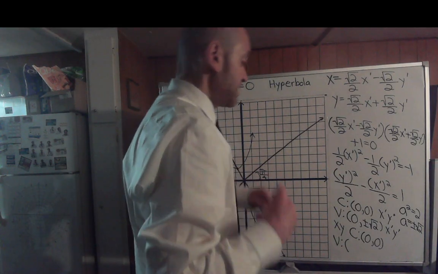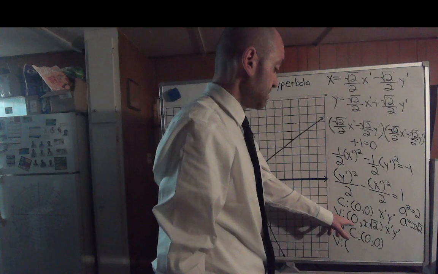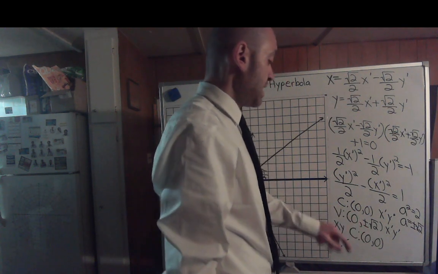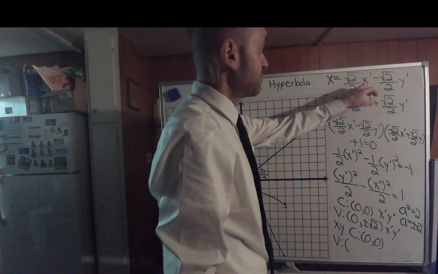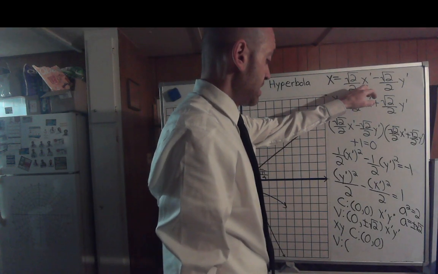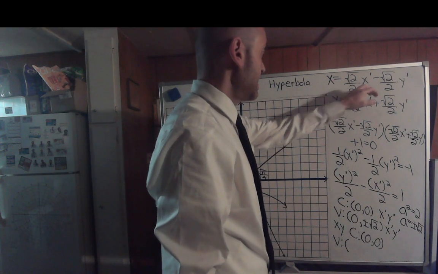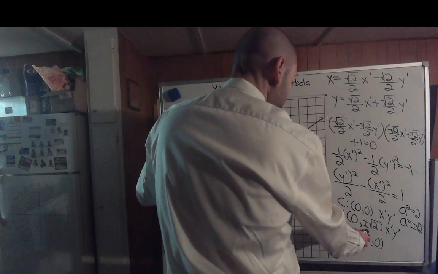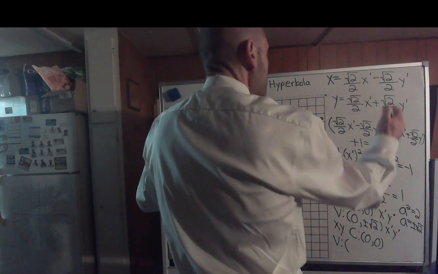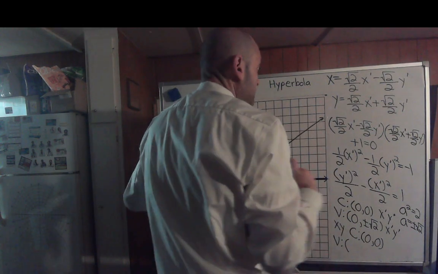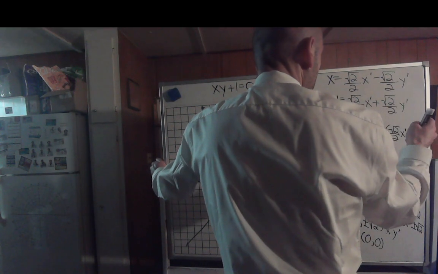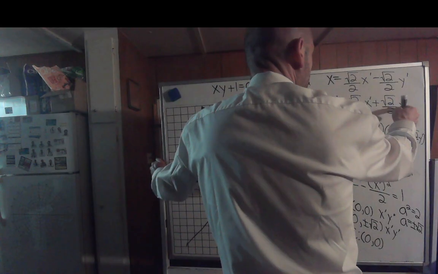So if I take the x coordinate of the vertices, if I take 0 times my x prime, I get 0. Then if I take y prime, let's see, if I just take square root of 2, because you'll have one positive, one negative, it doesn't matter which one I put in.